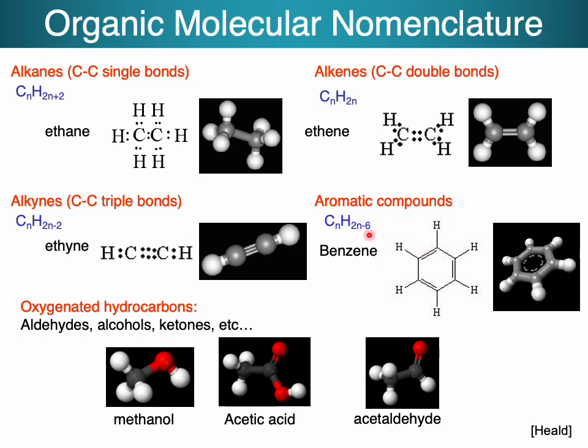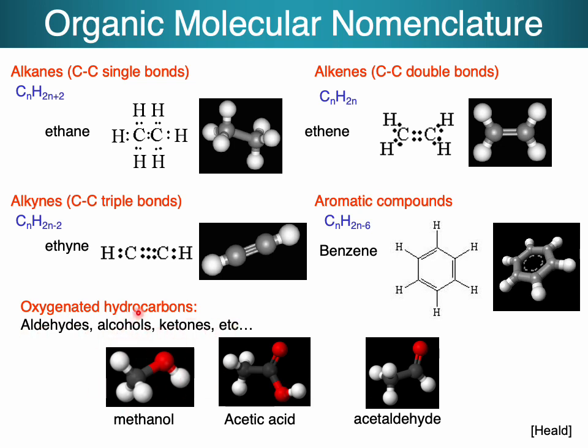A very important class of compounds is called aromatic compounds, which contain what we call the aromatic ring, which is 6 carbons together, sharing electrons in such an arrangement. And by the way, these electrons are actually not localized in local bonds between the carbon atoms, but they're delocalized and kind of mobile around the whole benzene plane. There are also many different kinds of oxygenated hydrocarbons like aldehyde, alcohol, ketones.